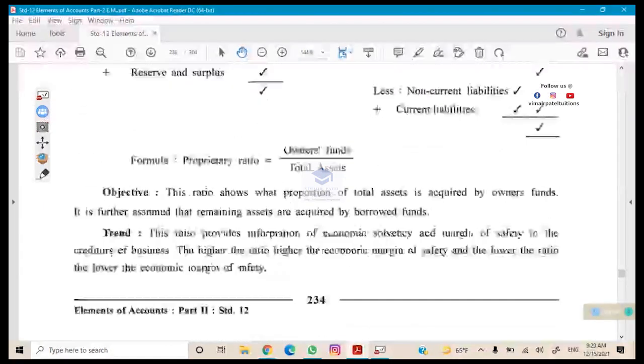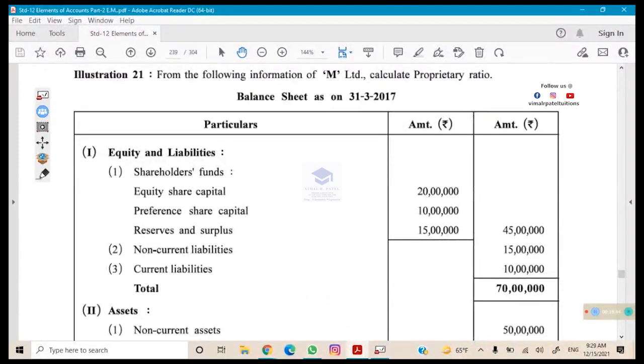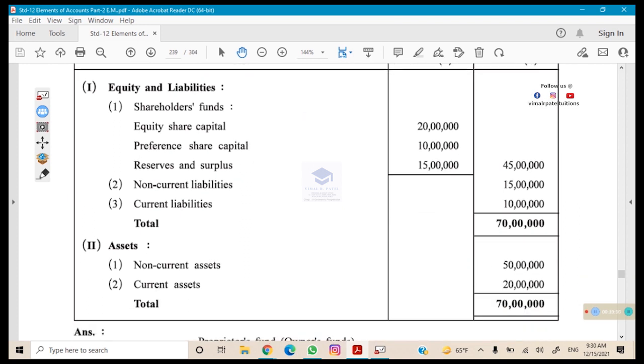Now, from the following information of M Limited, calculate proprietary ratio. The formula for proprietary ratio is proprietor's fund or owner's fund or shareholder's fund divided by total asset. Now you have been directly given proprietor's fund 45 lakh.